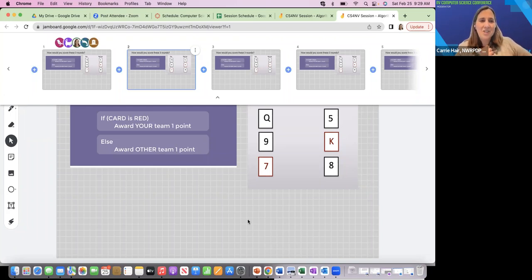And what I would like you to do is, when you see what breakout room you're in, go ahead and click the Jamboard, go to that slide on the Jamboard, and see if you can figure out how the points would be distributed. And if you have any questions, put them in the chat. I'll go to each room.